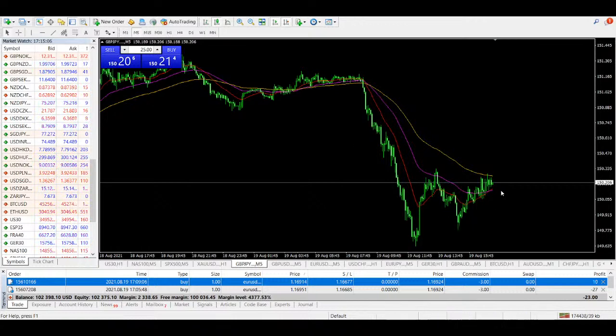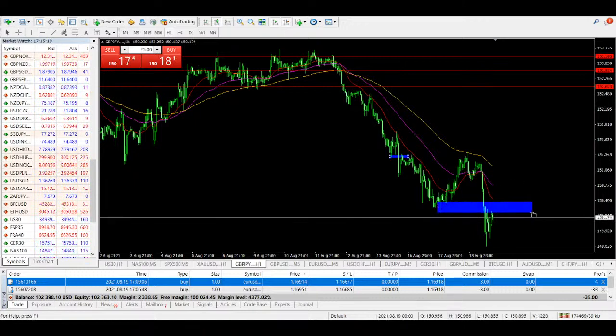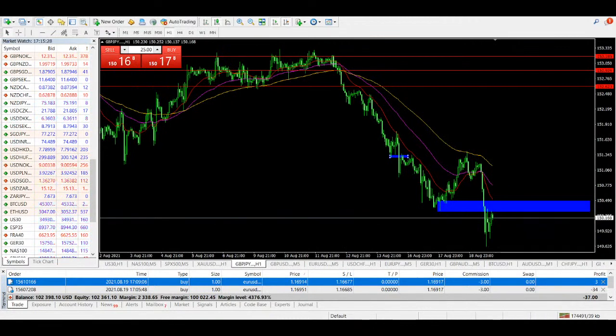That's an interesting formation on the GBPJPY. Let's take a look-see whilst we're messing around here. Oh, that was a mistake, wasn't it?